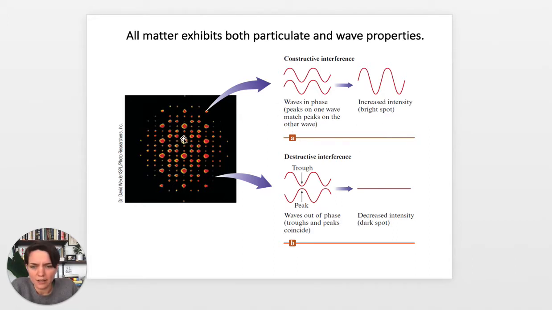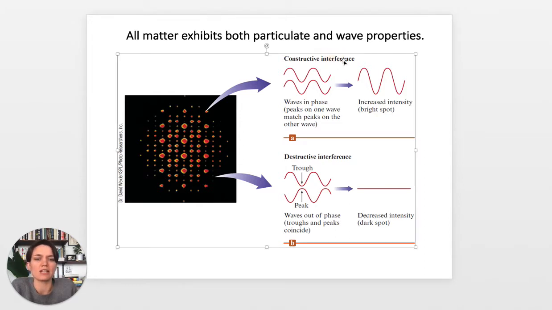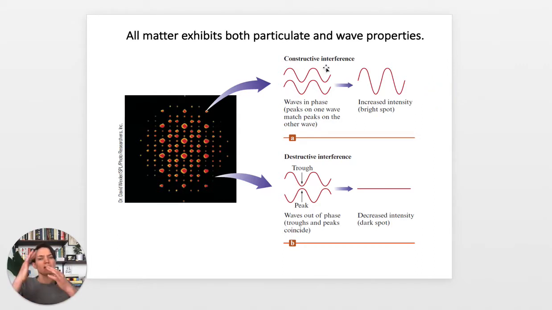So these areas of greater intensity would be areas where we have constructive interference with that wave. This is when you have two waves that are moving in tandem, and they're going to match each other and amplify that wave. So we get a brighter light, greater intensity.